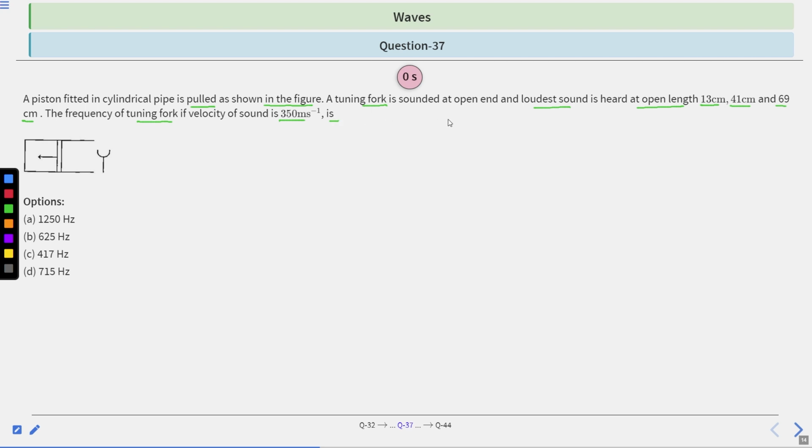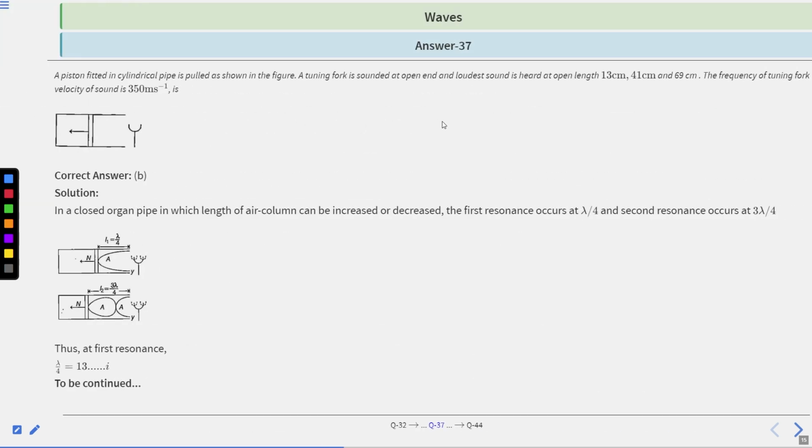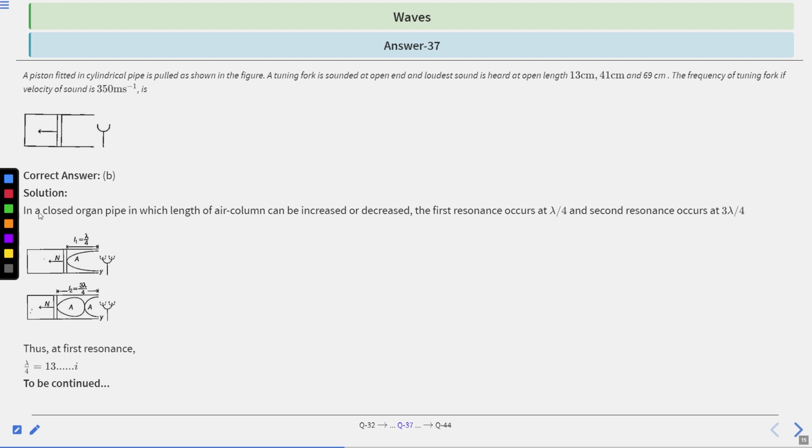Let's find the solution. In a closed organ pipe in which the length of the air column can be increased or decreased, the first resonance occurs at lambda by 4 when the tuning fork is sounded.